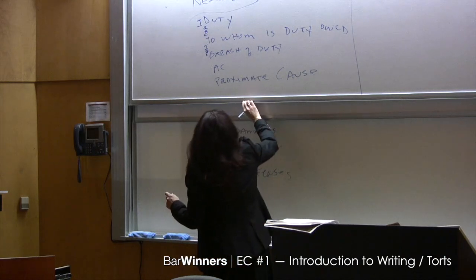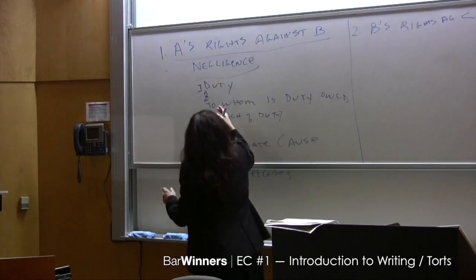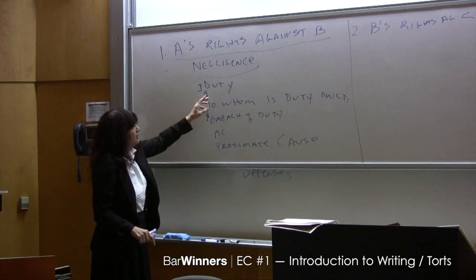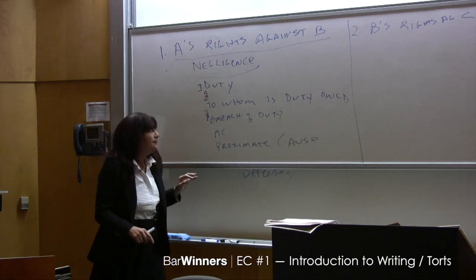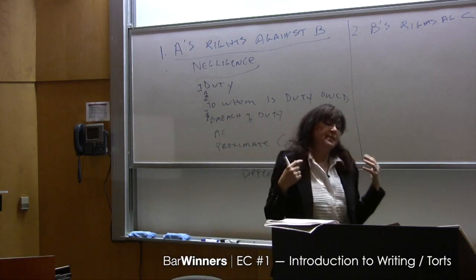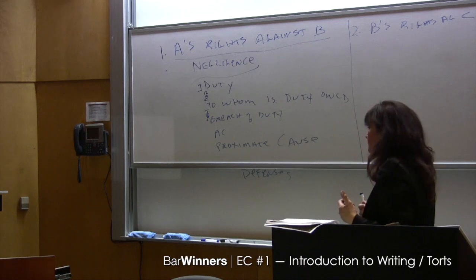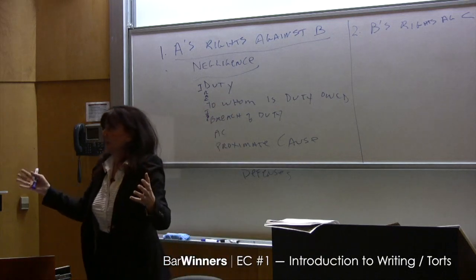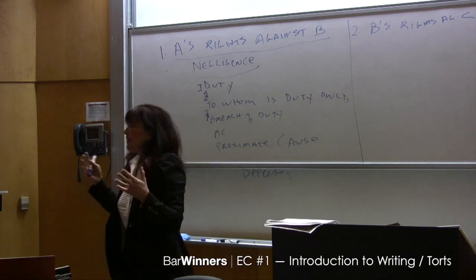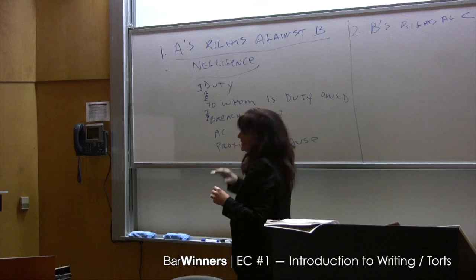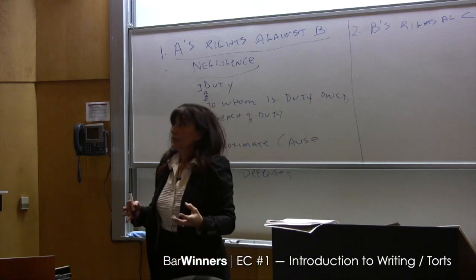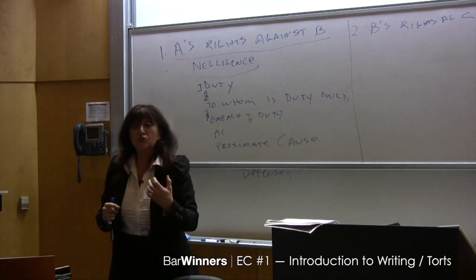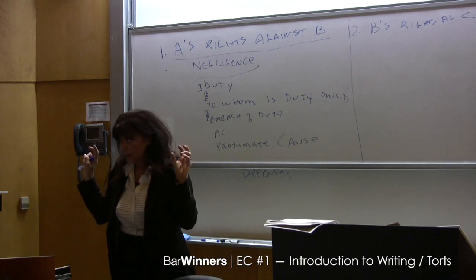Let's say we're on whether A owed a special duty of care to B. You would say, head note special duty, you would write the rule. Here we have a common carrier who has a higher standard of care owed. Then what you would do is, so it starts with your issue, your rule, and your application starts with the word here.